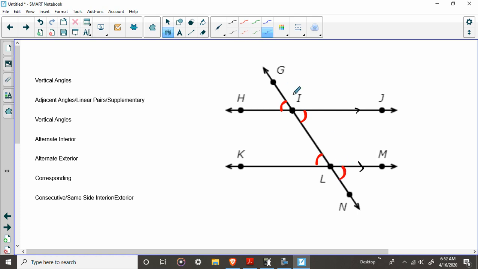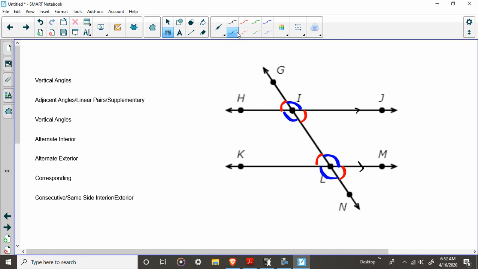And anytime you have an intersection, you actually have two sets of them. And the important thing about vertical angles is whenever you have a set of vertical angles, they are congruent. So they come in pairs.